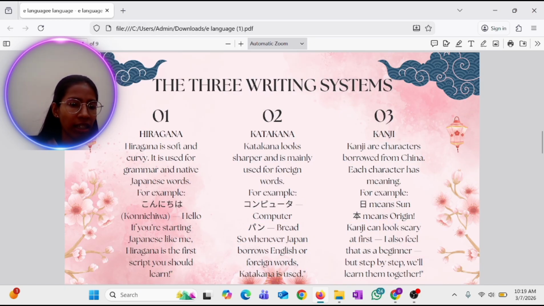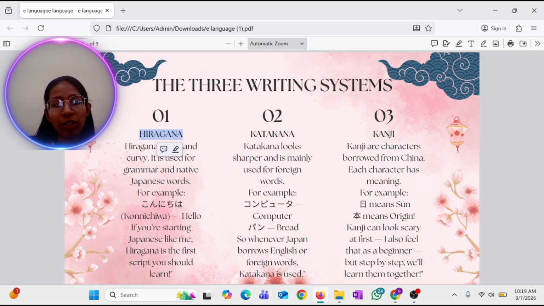As we know, hiragana is soft and curvy. It is used for grammar and native Japanese words. Let's say konnichiwa, which means hello. Then arigato, which means thank you. This is nothing but hiragana, which is curvy and soft.